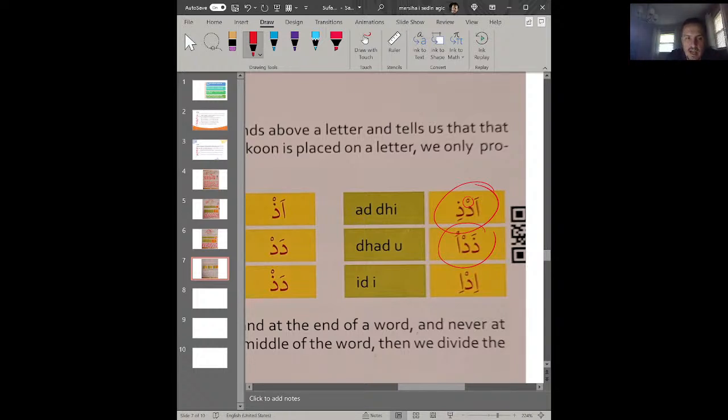So whenever you see this circle on the second letter, you need to read the letter before it in order to read it correctly. You cannot say E, and then D. That's wrong. You need to connect first and second together, okay? First and second together.